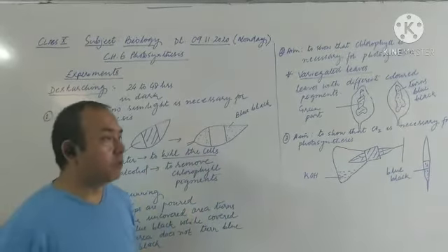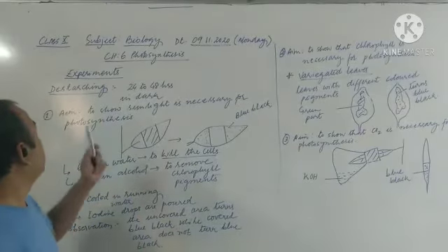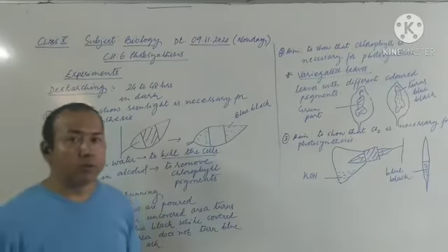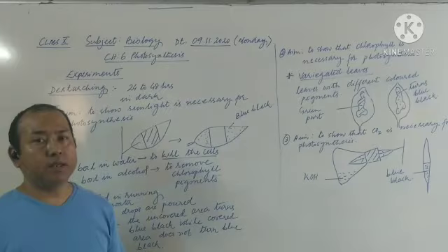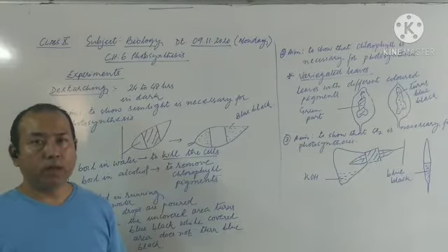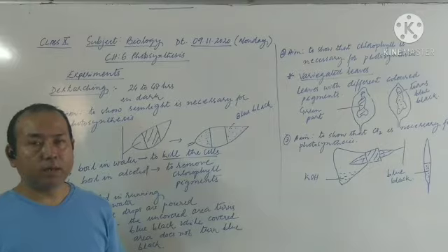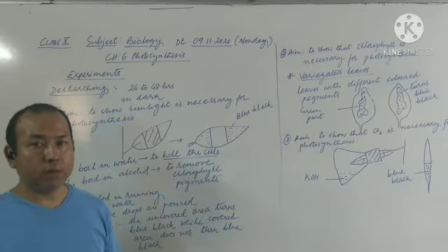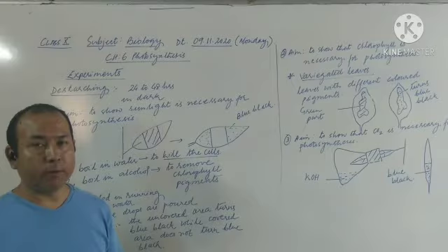The first one, which I have mentioned here, is experiment number 1, to show that sunlight is necessary for photosynthesis. As we all know, in the absence of light, photosynthesis cannot take place. So to confirm this, the experiment has been performed.